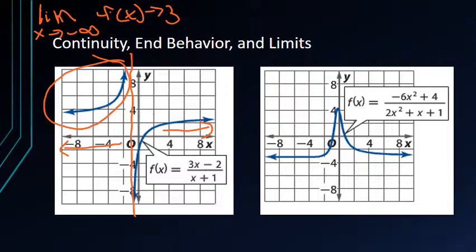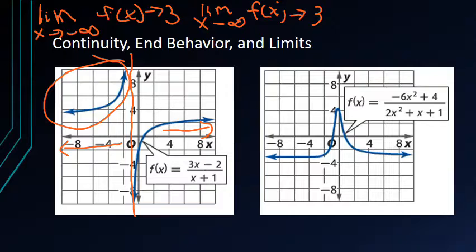And so now I can write the limit on my right-hand behavior. The limit as x is approaching infinity, f of x is also approaching 3. It's getting closer and closer to 3, but it's never quite reaching it.